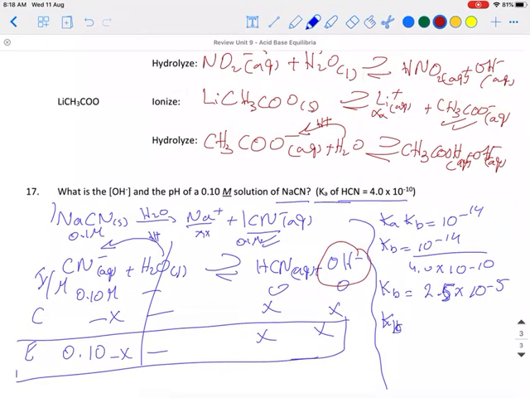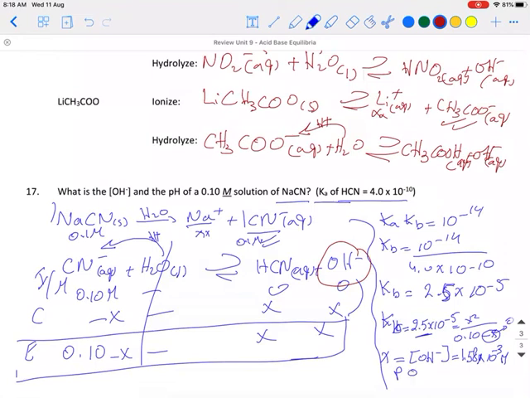I will write it on another line. So I will rewrite Kb, which is 2.5 times 10 negative 5, equal to x squared over 0.1 minus x. Because the Kb is very small, the x in the denominator will be neglected. So I do the cross multiplication and take the square root, and x, which is the value of OH minus, is 1.58 times 10 negative 3 molar.